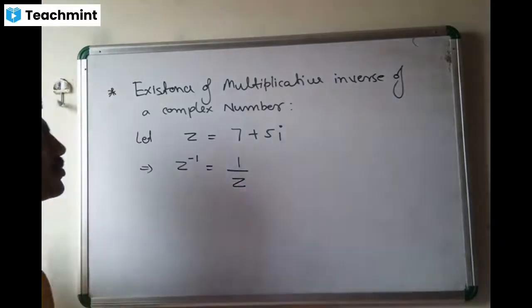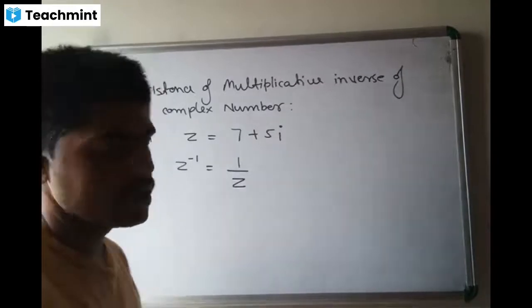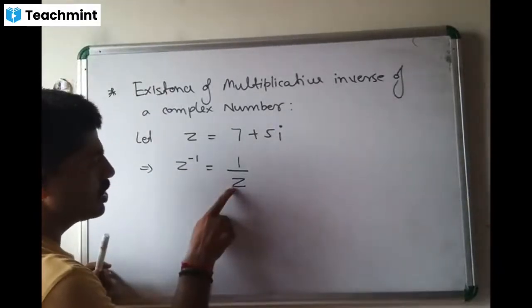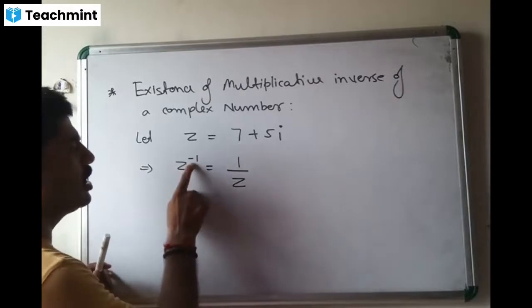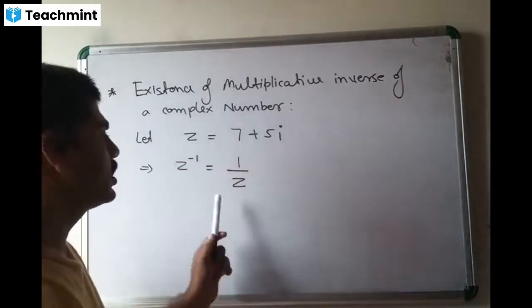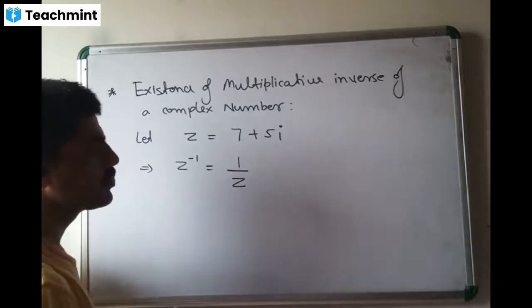Yes or no? Yes, sir. So this z inverse is the reciprocal of this z, which means this z inverse is the multiplicative inverse of this z. Yes or no? Yes, sir.